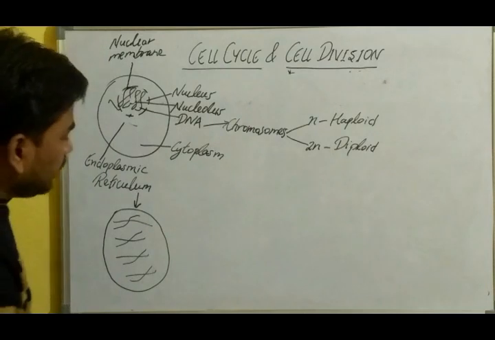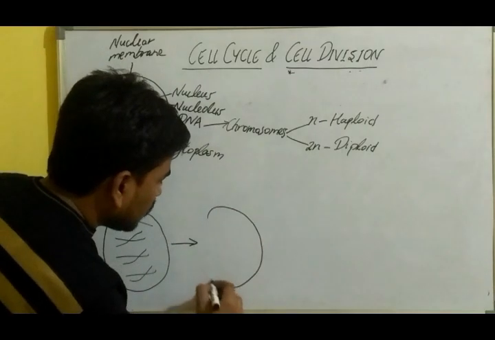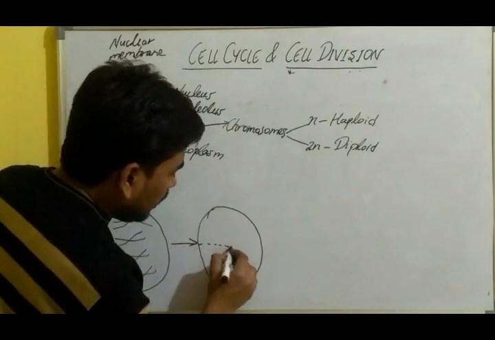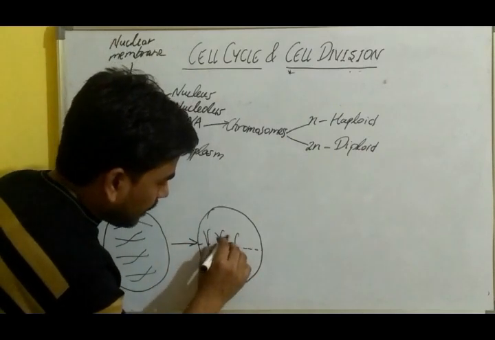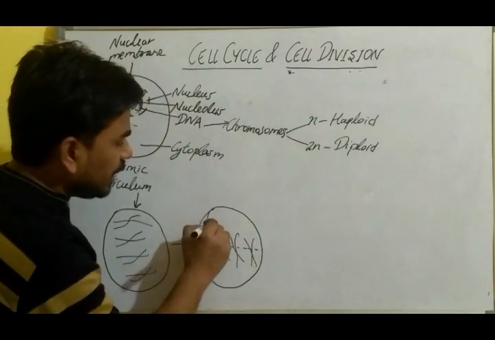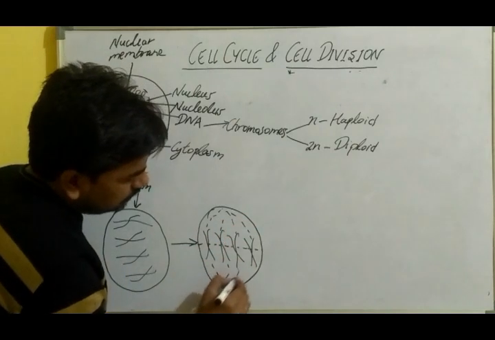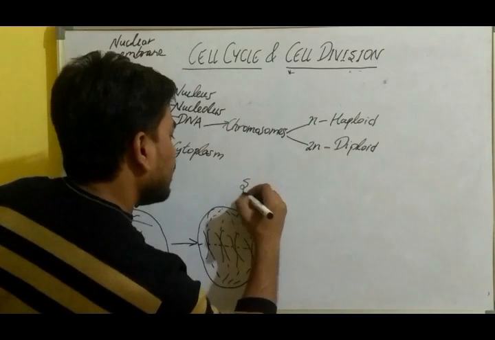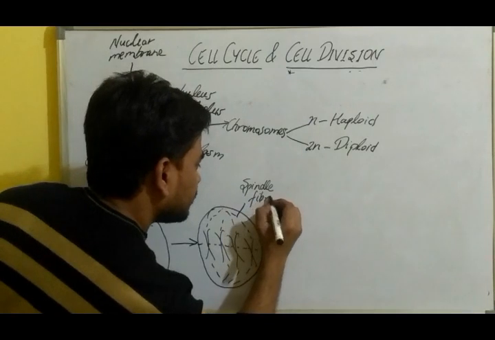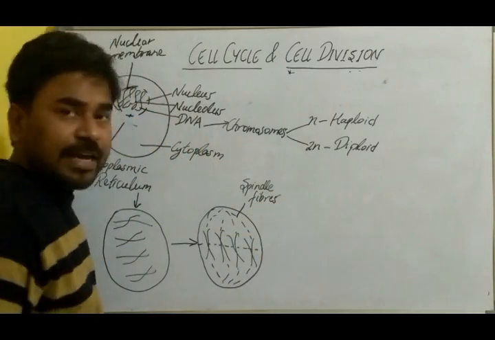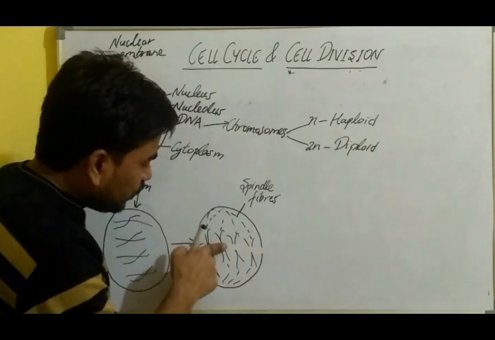After that, these chromosomes arrange on the central line of the cell with the help of spindle fibers that arise from the poles. These are called spindle fibers. Now after that, the cell divides along with these chromosomes into two equal halves.